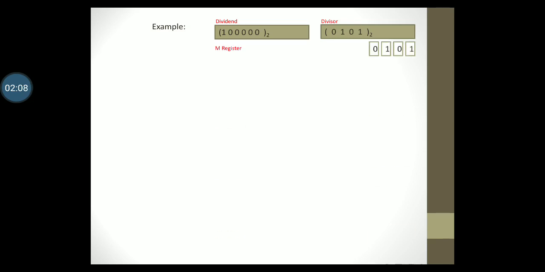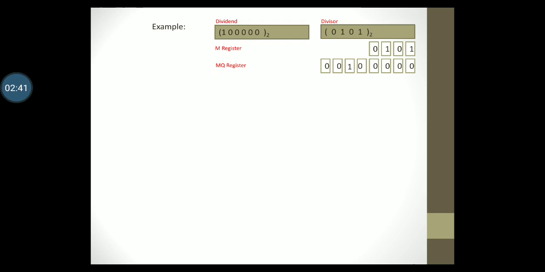The M register, which contains the divisor 0101, and the MQ register, which will contain the dividend. Now, the dividend is 100000 and I fill the MQ register with the dividend. Notice that the first two bits of MQ are empty, so we fill those with 0.